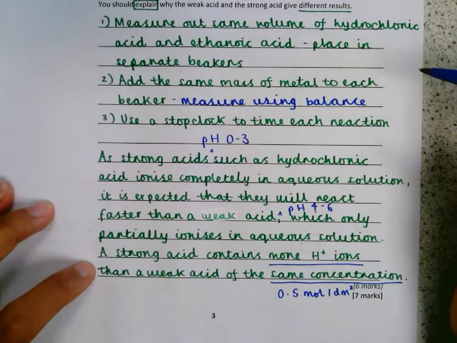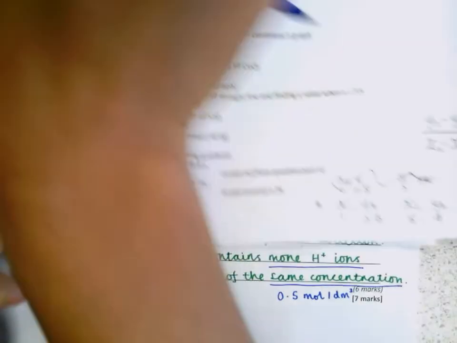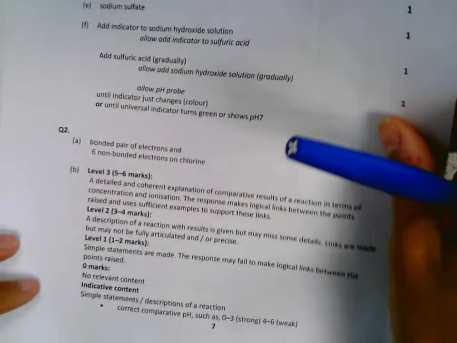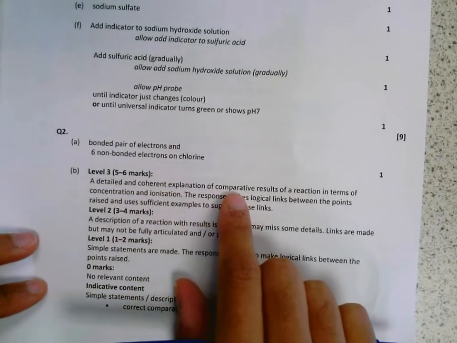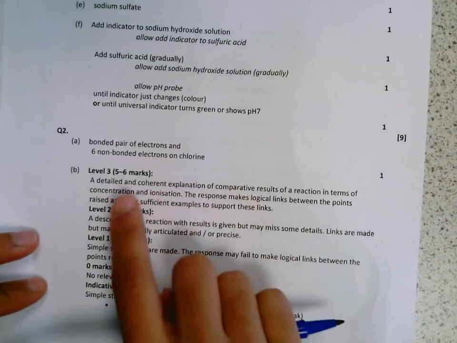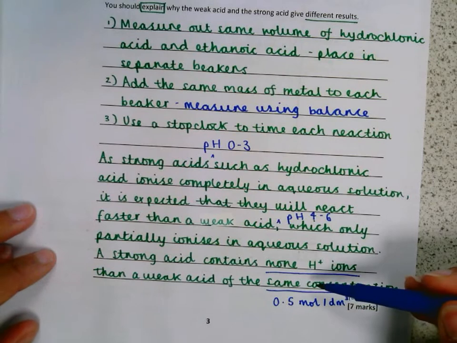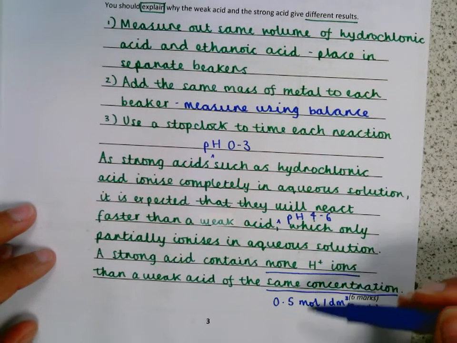And I would say it's quite difficult to mark these 6-mark questions, but the mark scheme says, let me find the mark with you, to be in level 3 there needs to be a detailed and coherent explanation of comparative results between concentration and ionisation. So you must have said that even if a strong and weak acid are the same concentration, because the strong acid contains more H+ ions, it will react quicker.